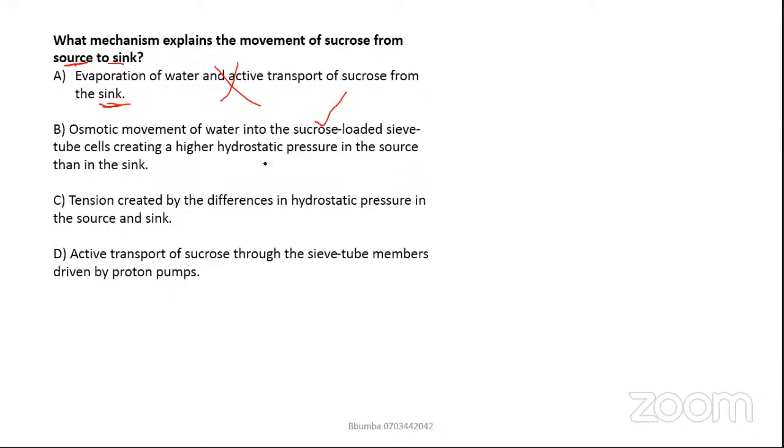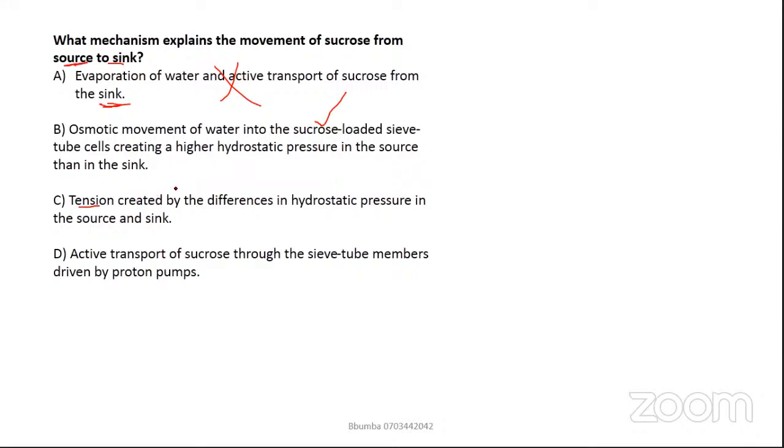Then C, which talks about tension created by differences in hydrostatic pressure in the source and sink. Now this one is not so clear, because tension means a force which tends to pull apart. You get it? It's like a pulling force. But this is not a pulling force.